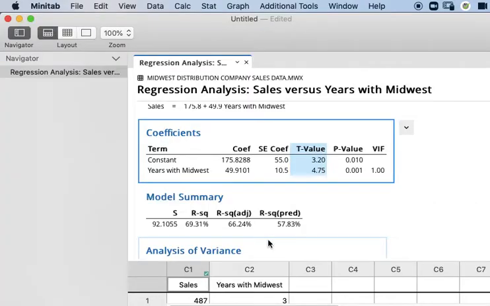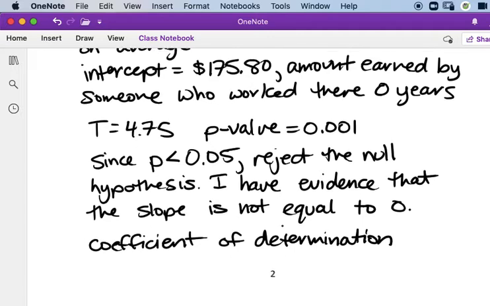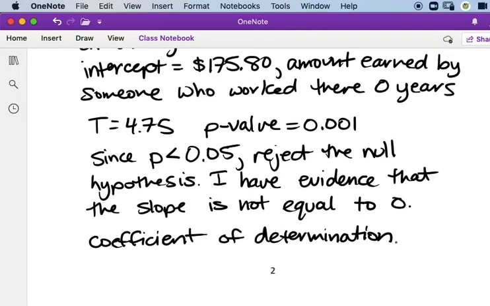In the table, that is RSQ, which stands for R squared. That is 69.31%. What that tells us is the percent, or the proportion.